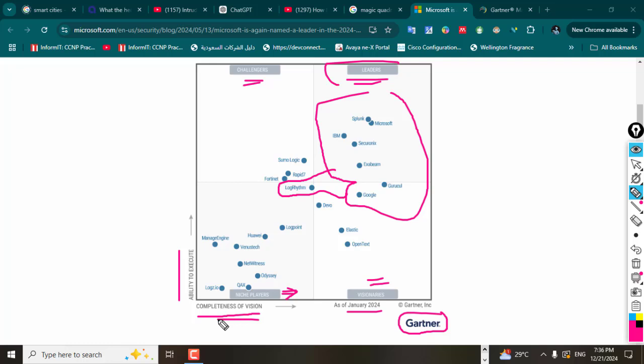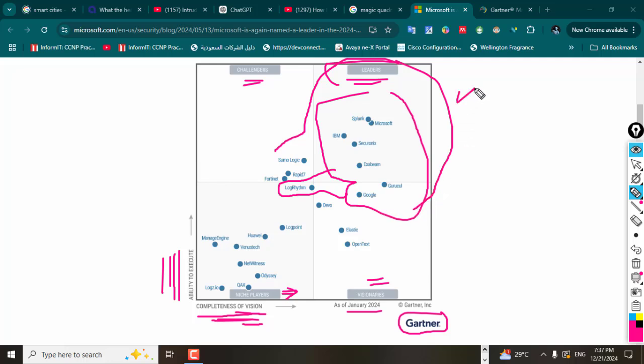Now let's talk about execution. Since we talked about visionaries, the vendors who can execute this vision, as I mentioned, about the market trends, the functions, the evolving innovative ideas in this domain, and the capabilities, if they are able to execute, that means they are in the Leaders quadrant of the Magic Quadrant.